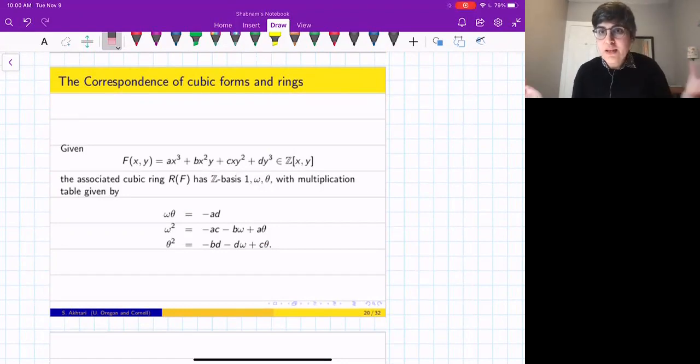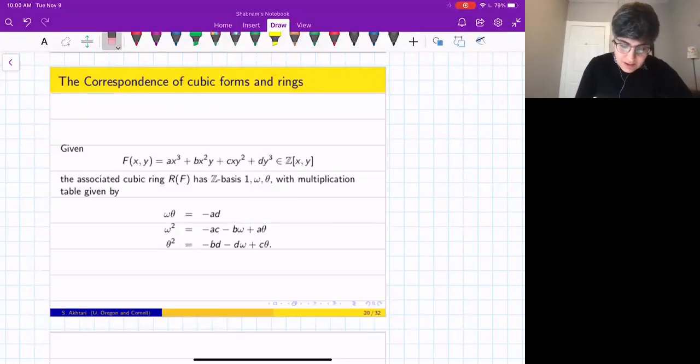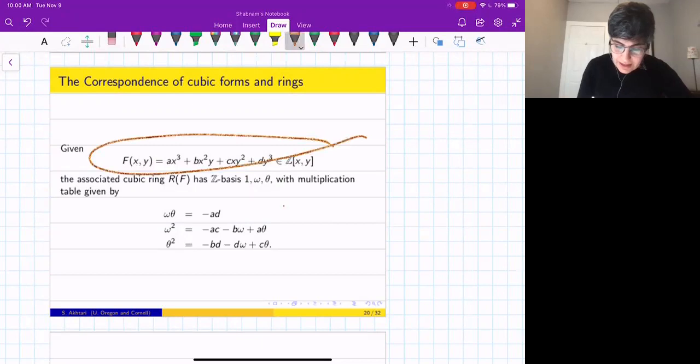If you have a cubic ring, all you want to know is what happens when you multiply two generators, right? So they actually say, here is the form, and if you start with this form, cubic form, you will have this multiplication table in your cubic ring, and that's how it's defined based on the coefficients of your form.